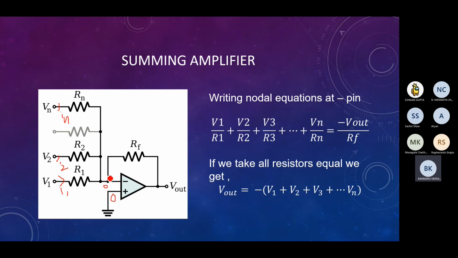The sum of all currents is equal to the current I in this resistor. If we solve this, I1 equals V1 by R1, I2 equals V2 by R2, and so on, In equals Vn by Rn, and that equals I, which is nothing but minus V out by Rf. For understanding, we take all resistances equal. So we get V out equals the negative of the sum of all inputs. That is called the summing amplifier.